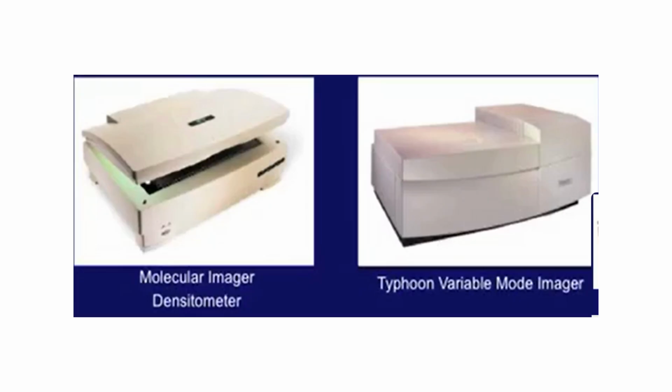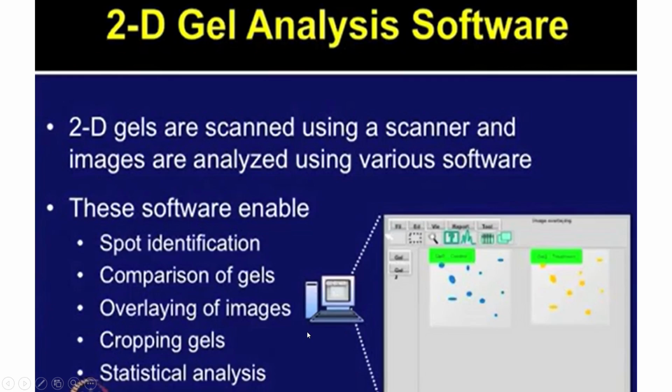You can compare it with the whole thing and tell that specific protein is much more concentrated compared to other proteins. That's what densitometry will help you tell, and it will also help you visualize. Similarly, there is the Typhoon variable mode imager, which will also help in visualizing the proteins.